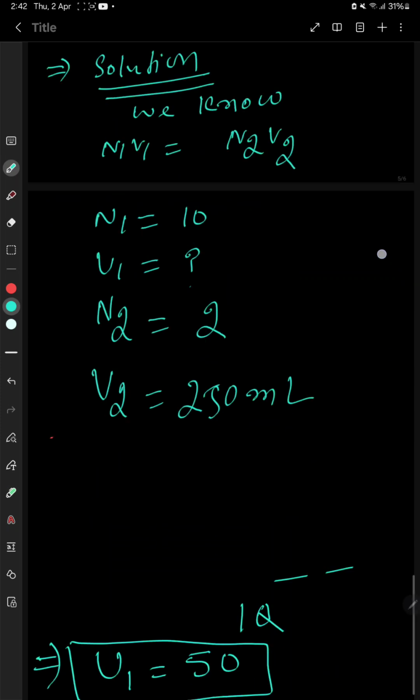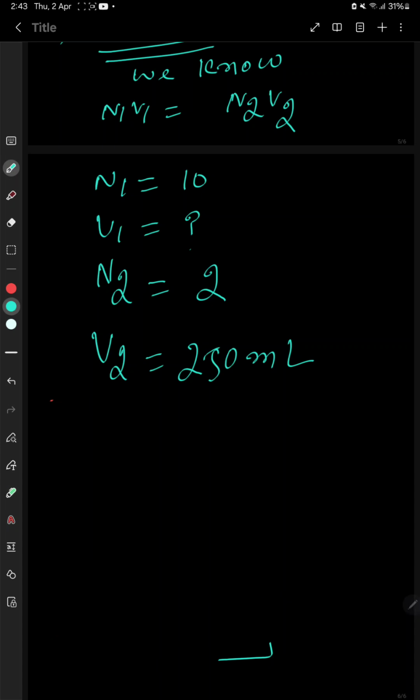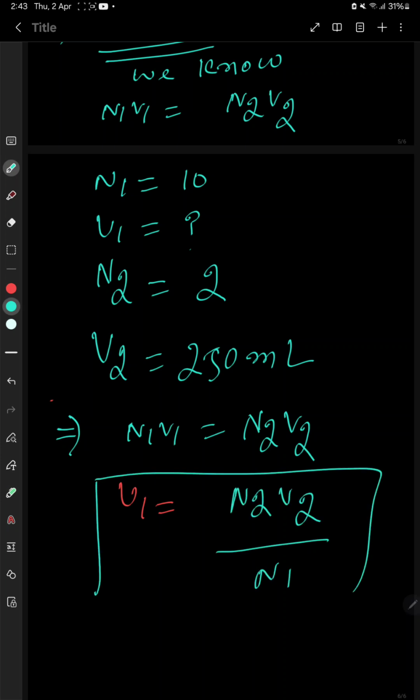We have the equation for that: N1V1 = N2V2. Now we need to find V1, so V1 is equal to N2V2 divided by N1. As simple as that. Very simple mathematics.